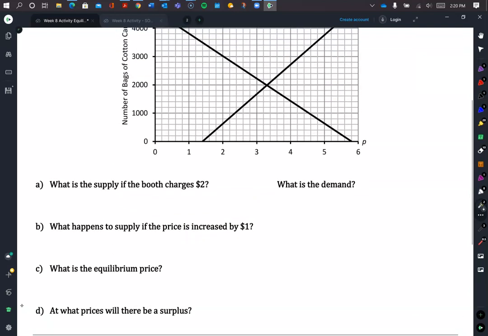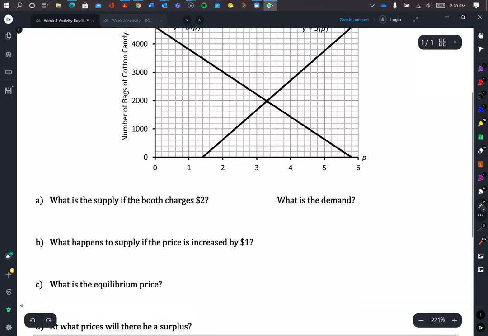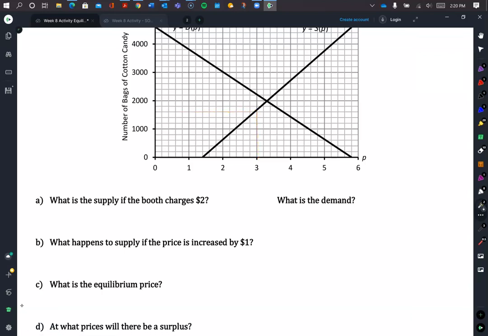So you could just look between 2 points. If we are looking at the supply here, what happens when we increase by a whole dollar is going to be up to here. So just say what the difference is, how many bags difference that would be.